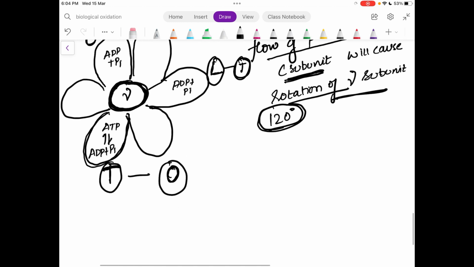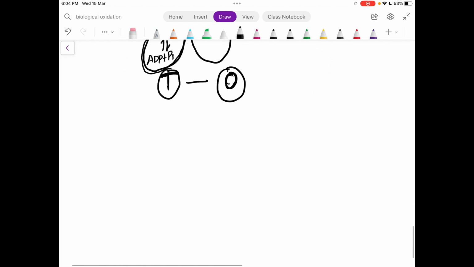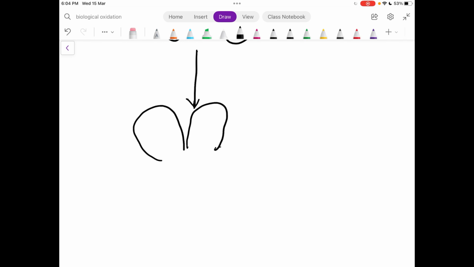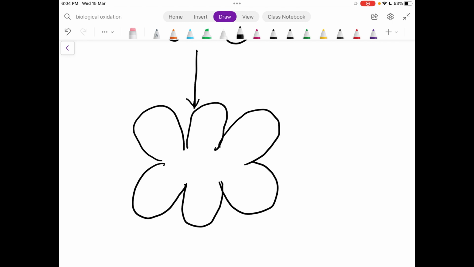Then what will happen from this conformation? Here in the tight form this will be there, ADP plus Pi.